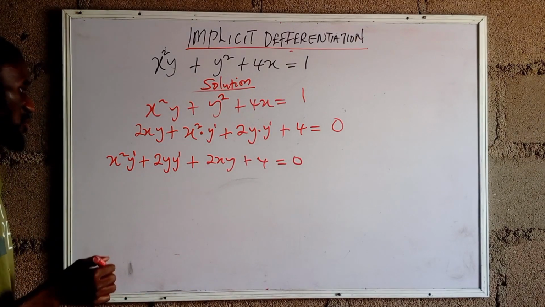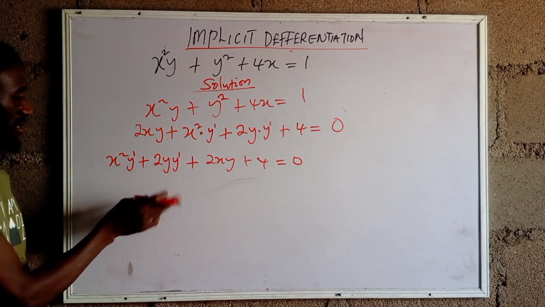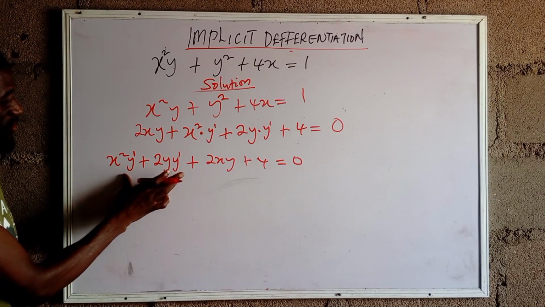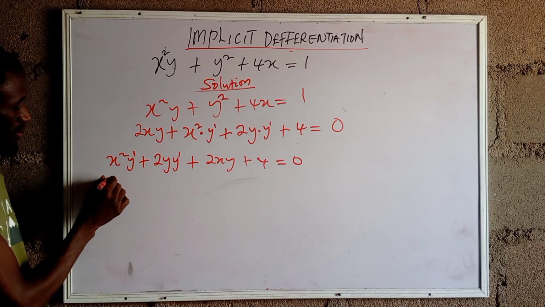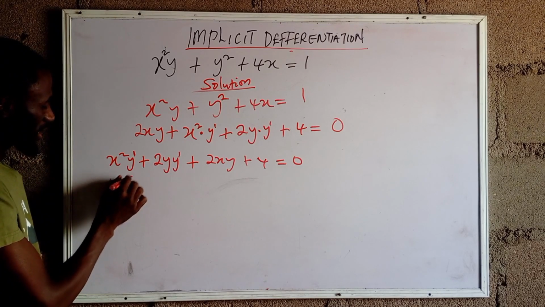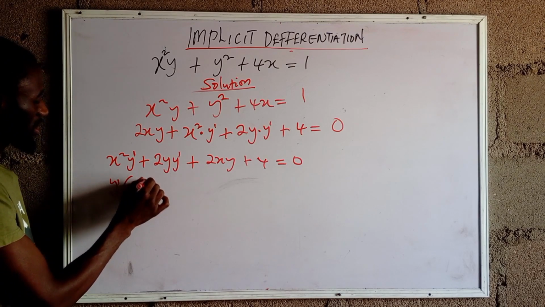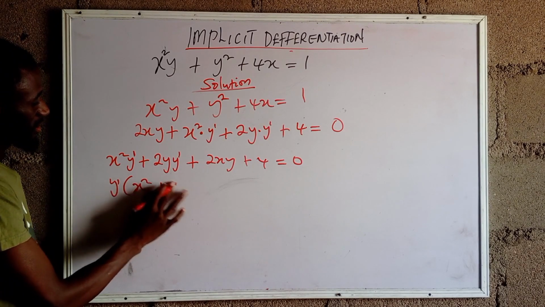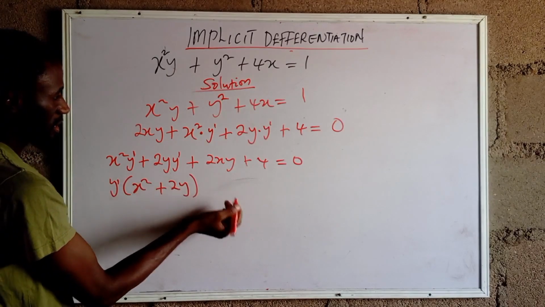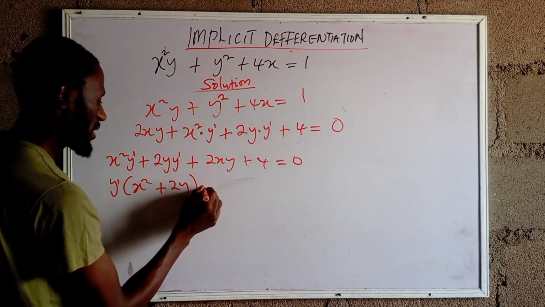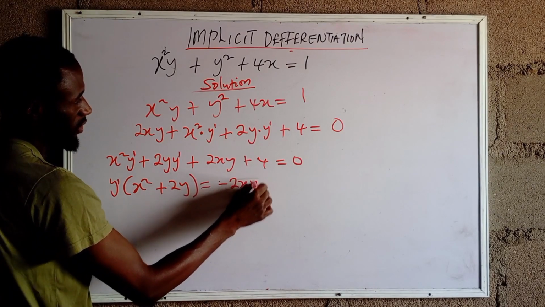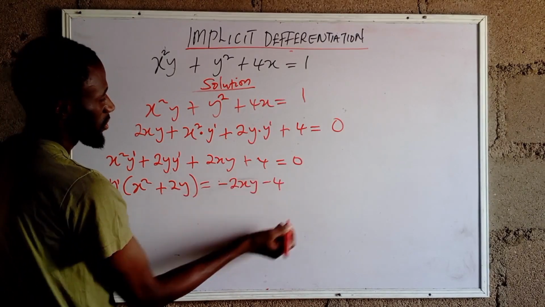Then lastly, you collect the like terms. We can make y prime the factor. Let's factorize y prime: y prime, we open brackets, we put x squared plus 2y, close the brackets. We take the other terms to the right hand side, so this equals minus 2xy minus 4.